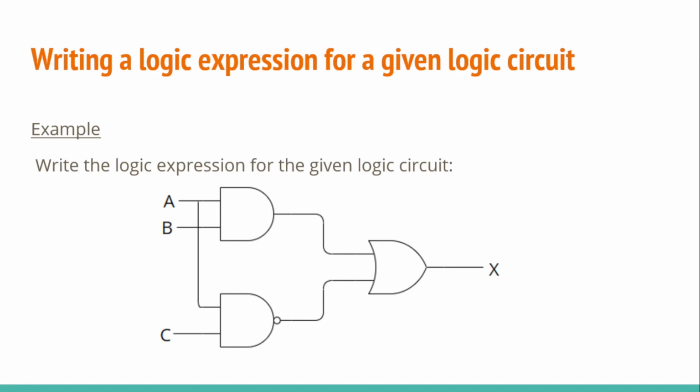The example requires you to write the logic expression for the given logic circuit. Looking at this, we have 3 different logic gates. The AND gate, which combines A and B, the NAND gate, which combines A and C, and of course, the OR gate, which combines the AND gate and the NAND gate.